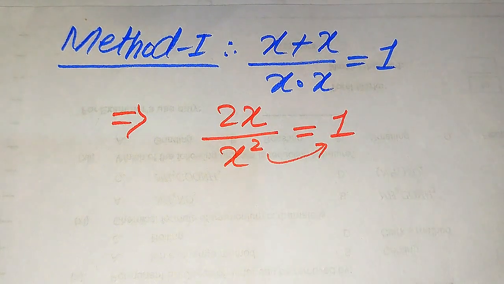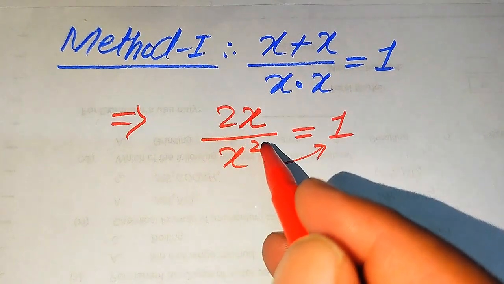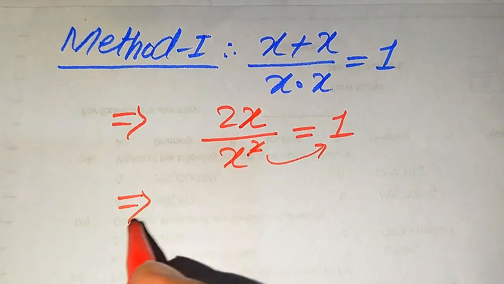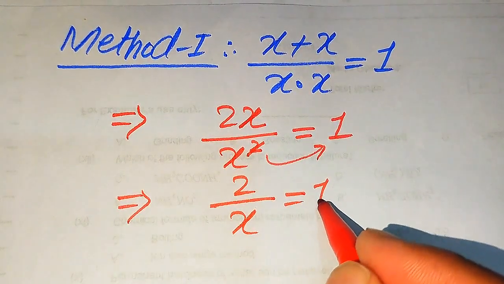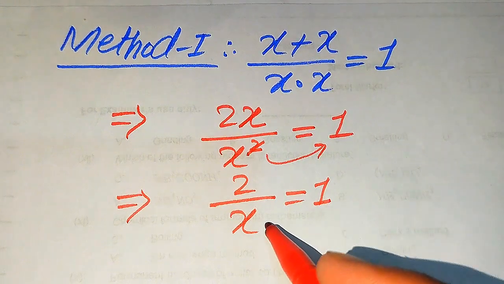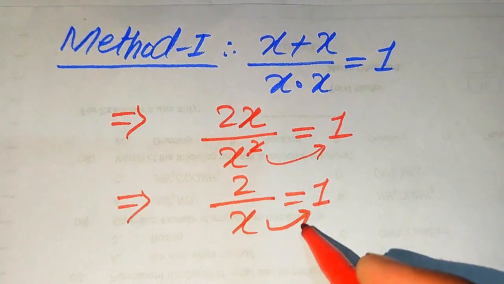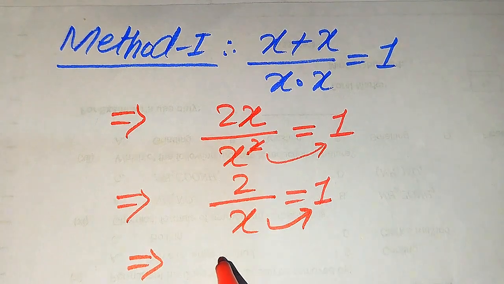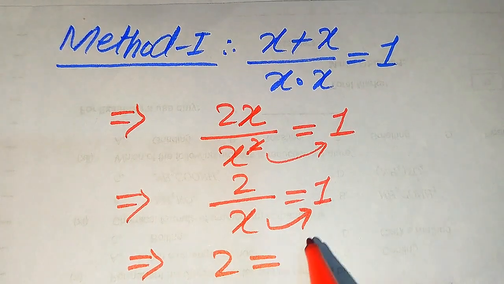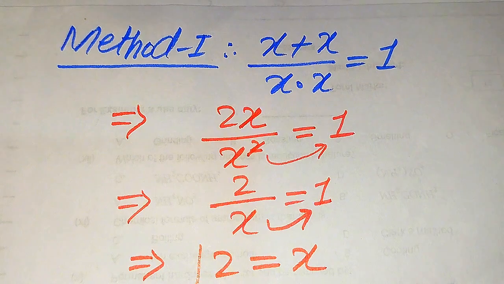I can give you another different technique. This x is cancelled out by this x, and we get here 2 divided by x is equal to 1. Now you see this x is in the denominator, and when we move it to the right hand side it is multiplied by 1. So it becomes 2 is equal to x times 1, which is equal to x.